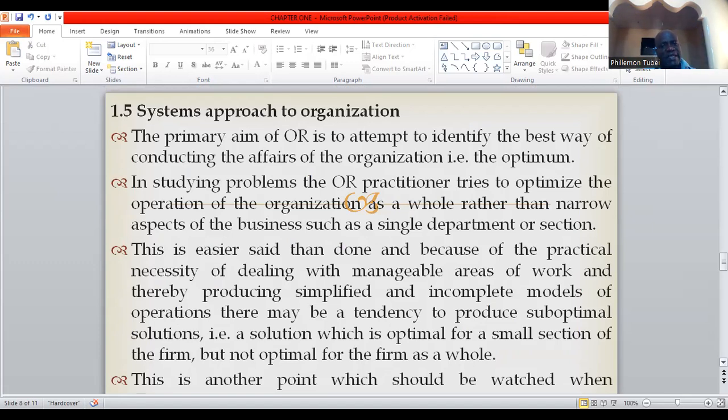So, in studying problems, the operation research practitioner tries to optimize the operation of the organization as a whole rather than narrow aspects of the business, such as a single department or section.